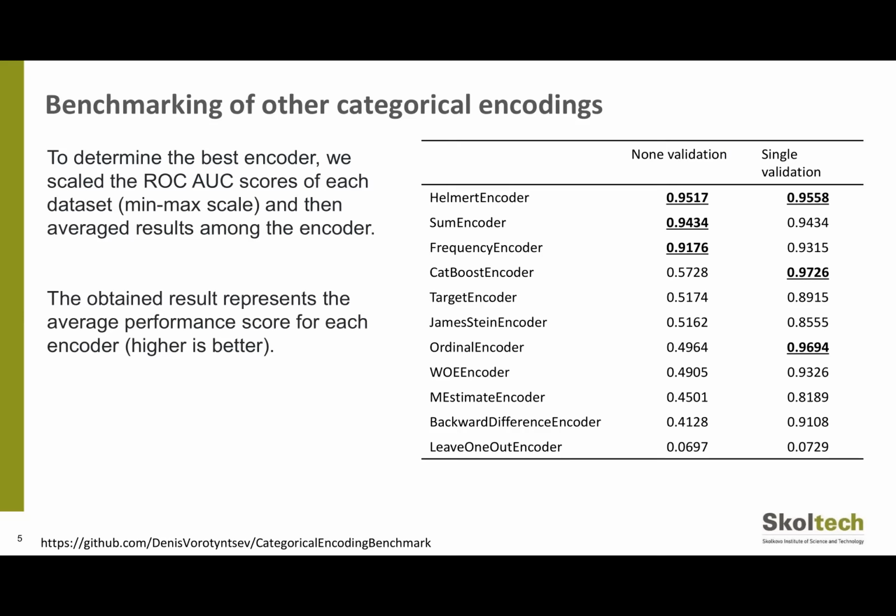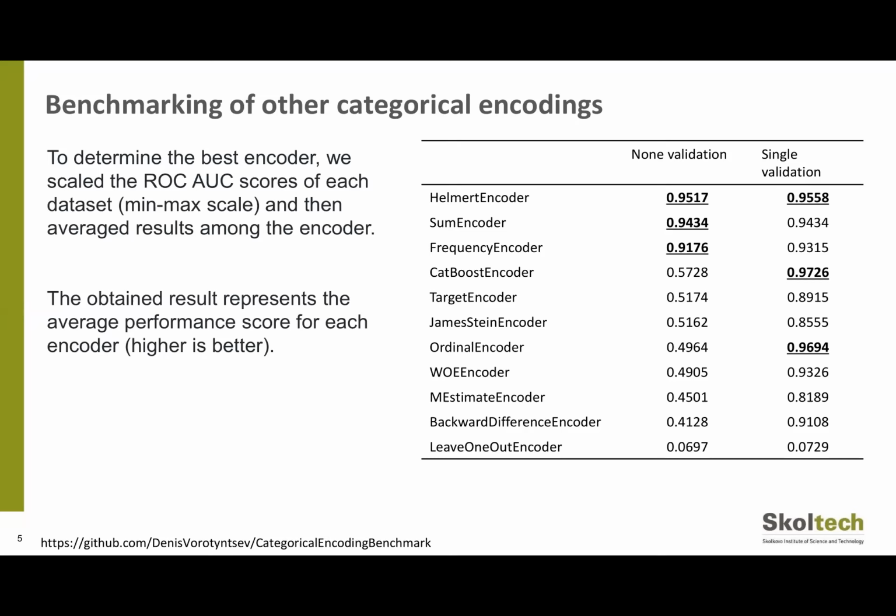What he did, he used a lot of problems, all classification problems. He provides a categorical encoding for features that are categorical and measures the final ROC-AUC score with different types of validations for each.